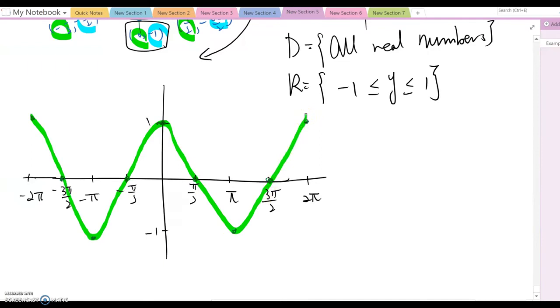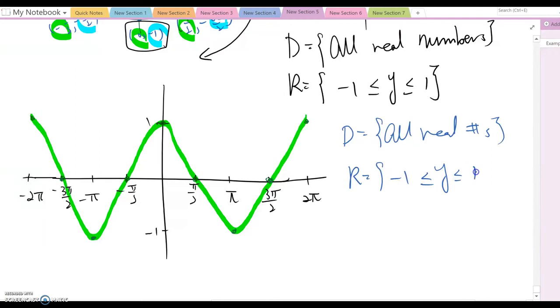Okay, of course it keeps on going in both the right direction and the left direction. Therefore the domain also becomes all real numbers. The range becomes y between negative 1 and 1 here.